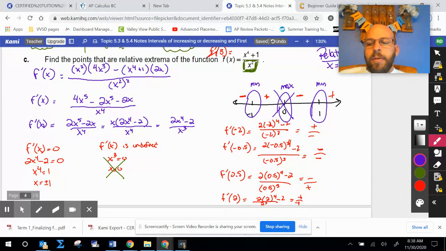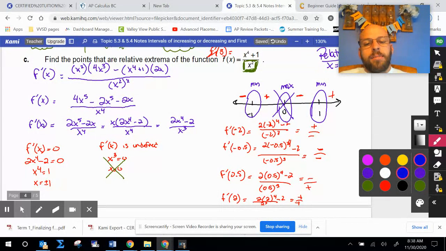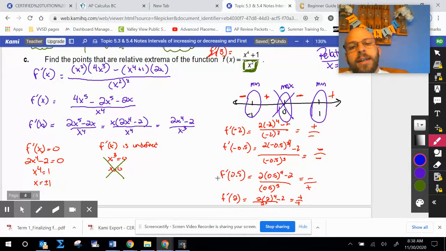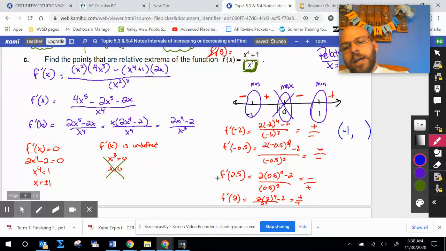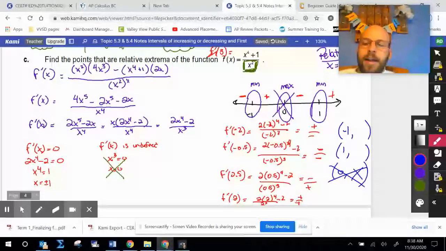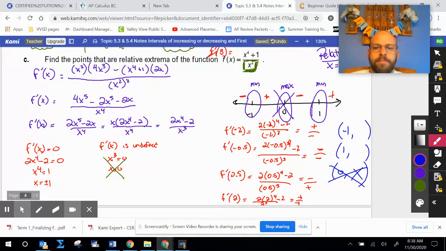Now, I said before, you might find that when you actually try to find the mins and maxes. If I plug in -1 into my function, you can find the location of that maximum, I'm sorry, in this case, minimum. So I can also plug in 1 and find that minimum value. If you plug in 0, it's going to be undefined. You know that that can't be a max or a min.